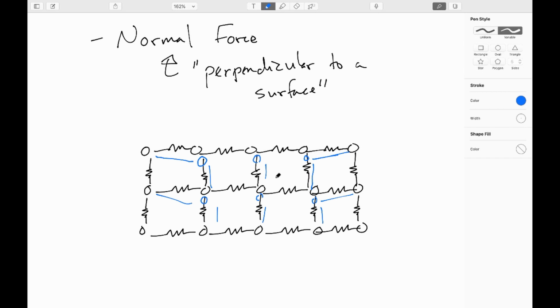Well, the thing is like a spring, the bonds in a crystal or any other solid want to stay the length they were. And so these longer bonds will try to contract to pull the molecules back up, and these shorter bonds will try to expand to try to push the molecules back up.